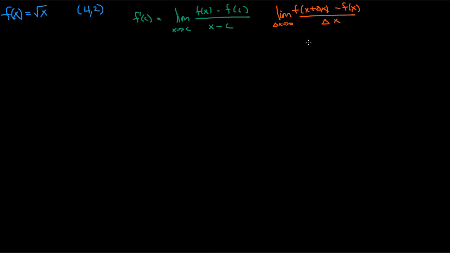Sorry, I need to use better notation here. It's f of c plus delta x minus f of c over delta x.